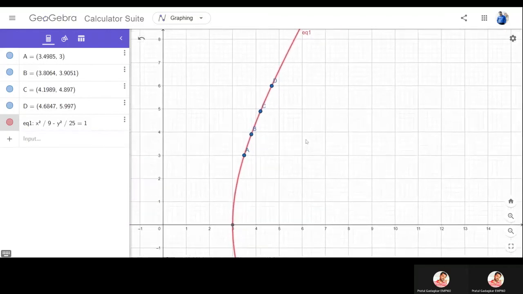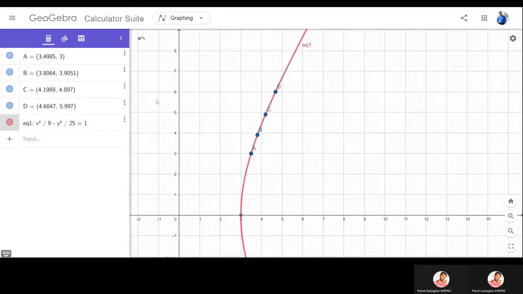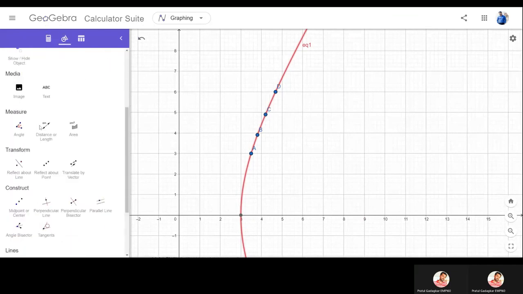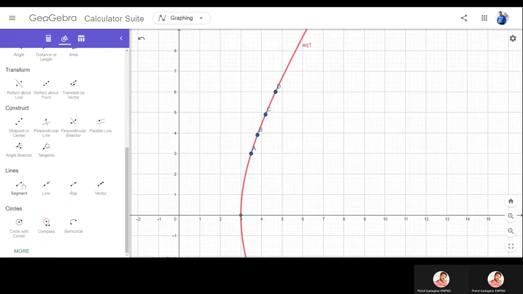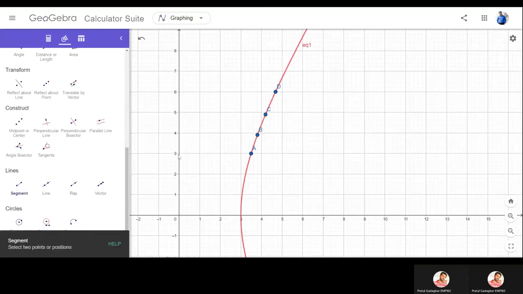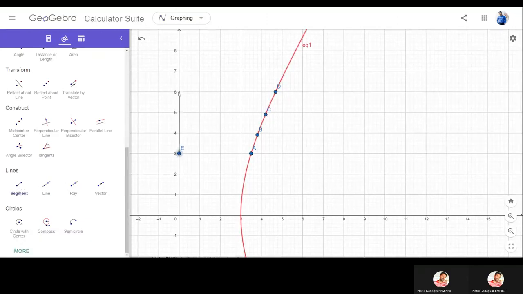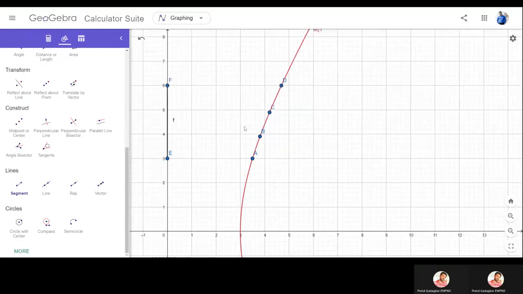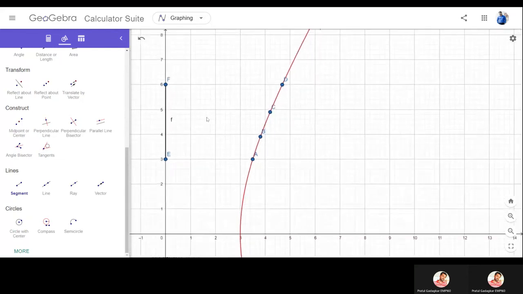Let's zoom in. What were the restrictions of y? The restrictions of y were that the y coordinate should lie between 3 to 6. So see here, I'm showing it. Exactly all the points are lying within this given range. The y coordinate lies between 3 to 6. So these are the 4 points generated on the hyperbola.